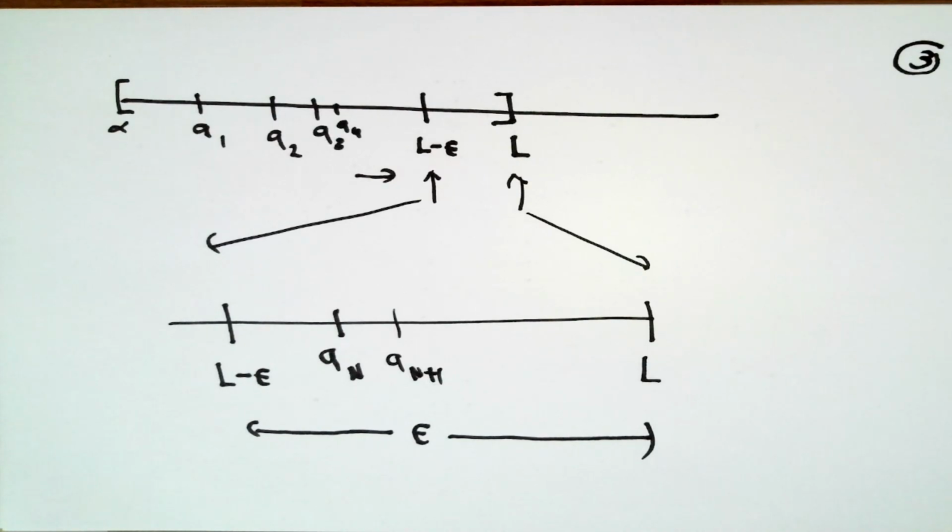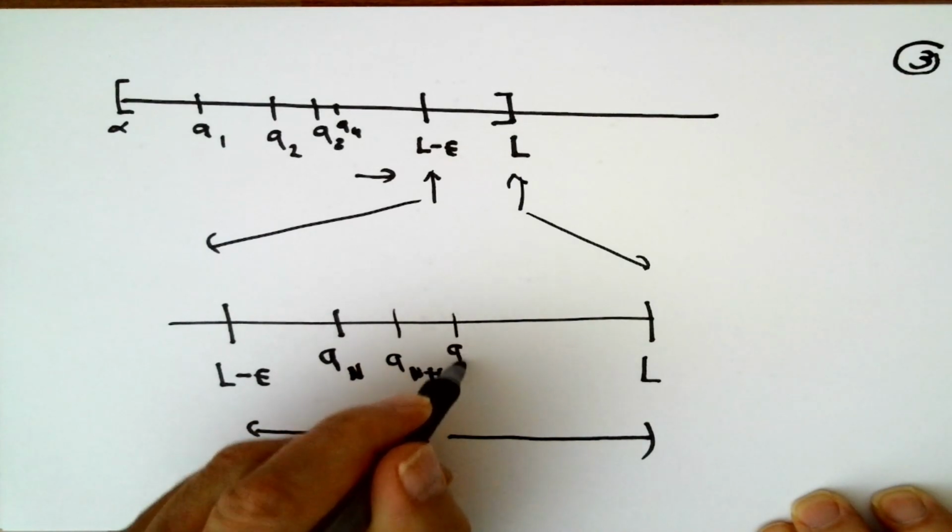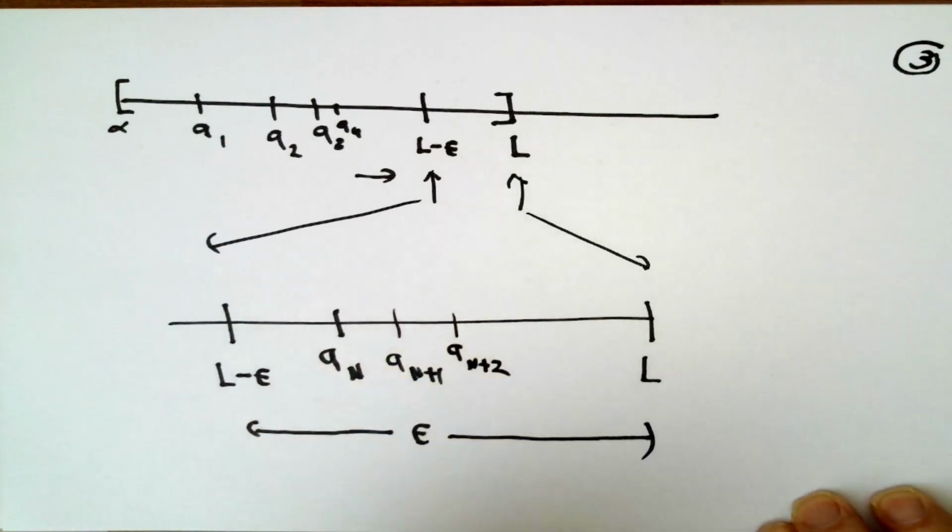If you look at the next one after that, A sub n plus 2 is to the right of A sub n plus 1. The distance between L and A sub n plus 2 on the number line is smaller than epsilon, and obviously this is always going to be the case.